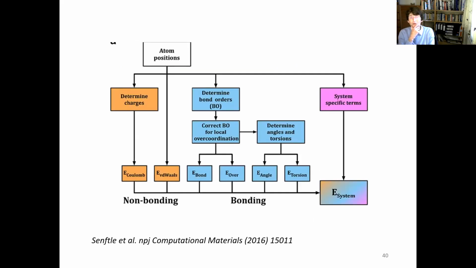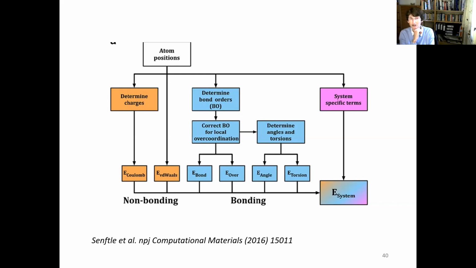Most of my knowledge about these potentials has come from this particular review paper in Computational Materials, which is maybe now a little out of date, but very comprehensive. And these pictures that I'm showing have all come from that review paper. So you start with atomic positions. From that, you can determine the charges using electronegativity equalization, and then we can calculate the Coulomb interactions.